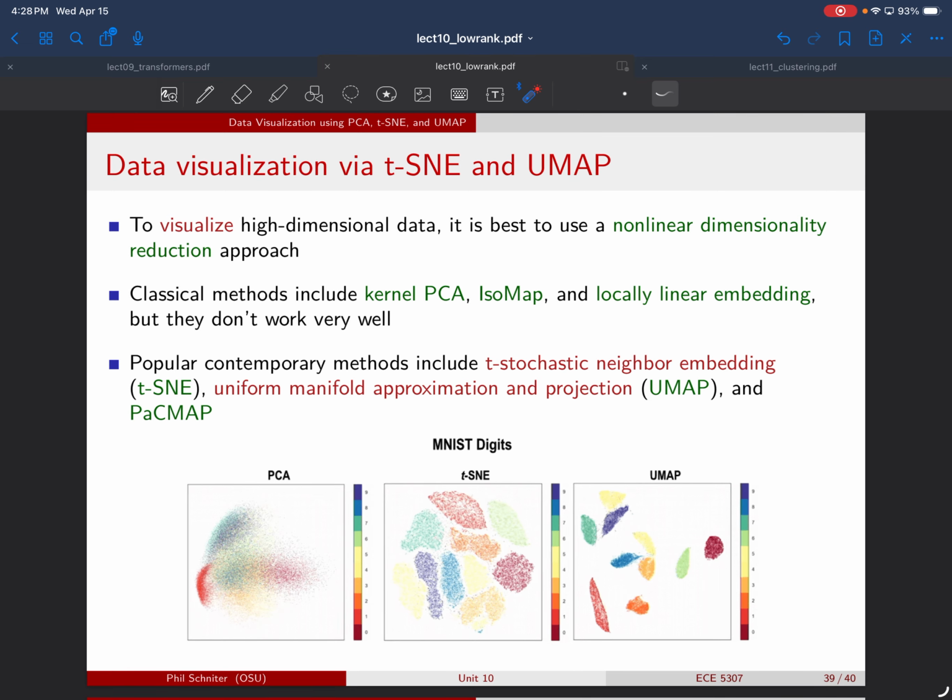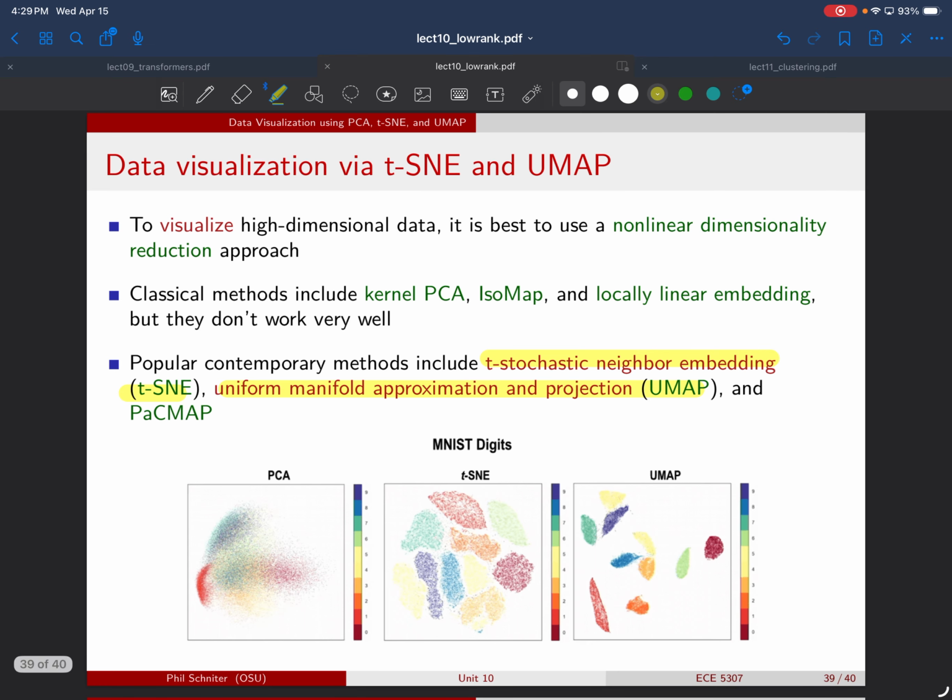And so there's a number of classical methods to do this, such as kernel PCA, isomap, local linear embedding. We're not going to talk about any details there. You can click on the links. But these days, what people tend to use are things like t-SNE and UMAP, and maybe PaCMAP.